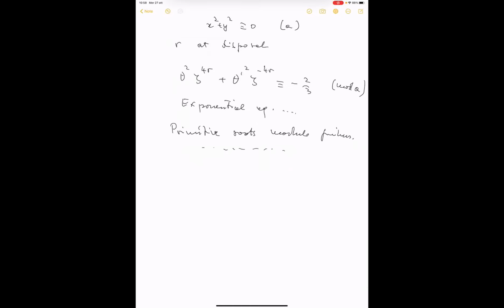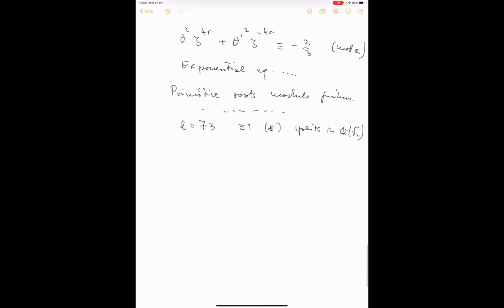So now my time is almost over. Let me just say that by using the prime L equals 73, and this is a prime which is congruent to 1 mod 8 and splits in Q of square root of 2. And it happens that zeta is a primitive root.